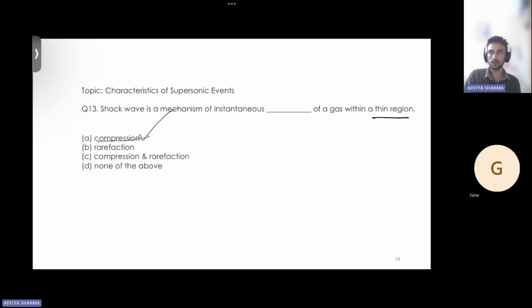Later you will study expansion waves, where you'll see a decrease in pressure. In later modules, you'll come across this topic. But for the time being, we will remain strict to normal shocks.